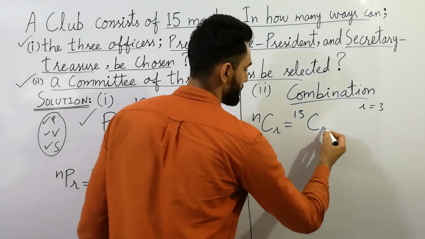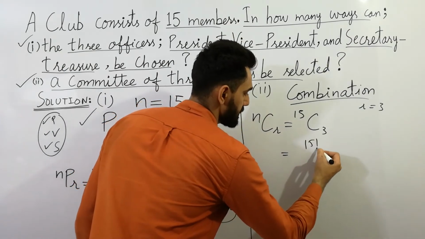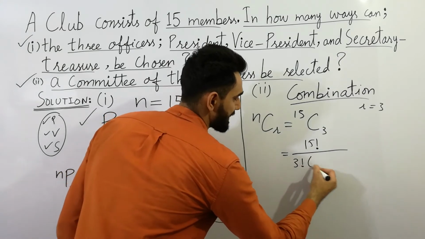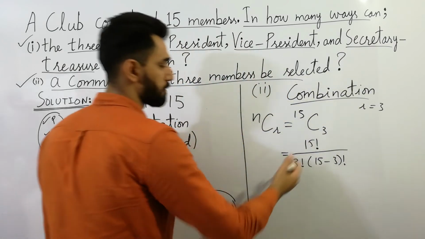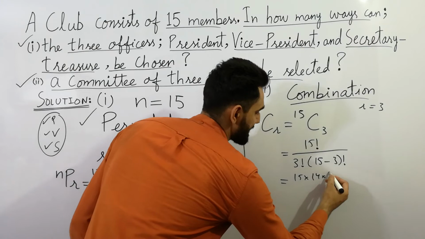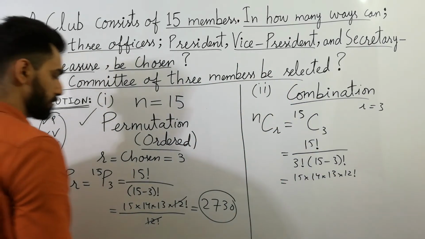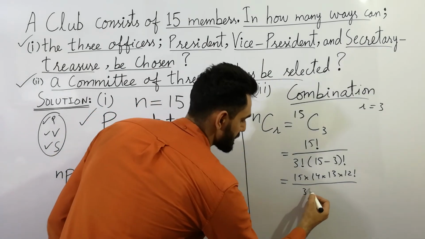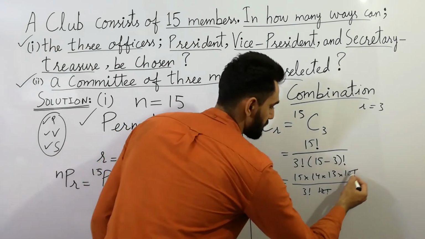Right, 15C3 will be equal to 15 factorial divided by 3 factorial times (15 minus 3) factorial. That's it. Now I'm going to put 15 multiplied by 14 multiplied by 13 multiplied by 12 factorial. Just like before, 3 factorial will be as it is, and 15 minus 3 will be 12 factorial. The 12 factorial will be cancelled.